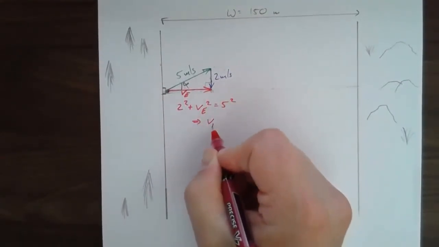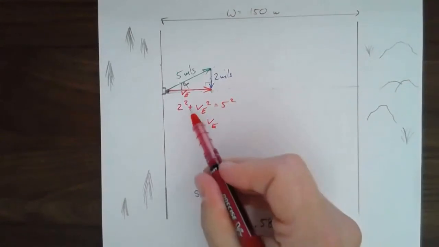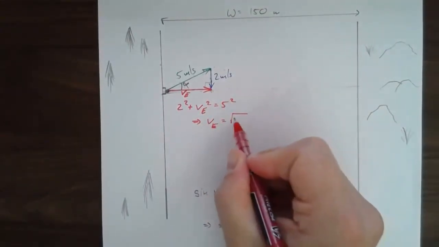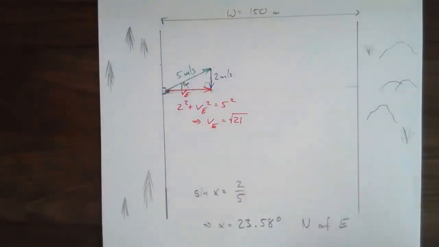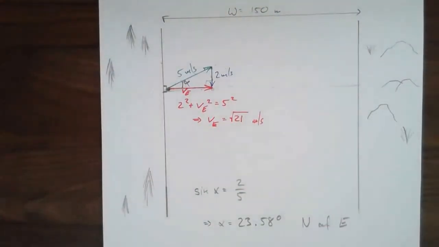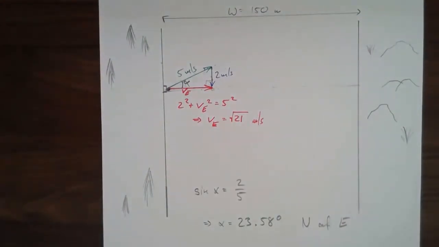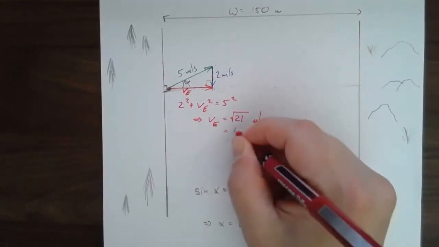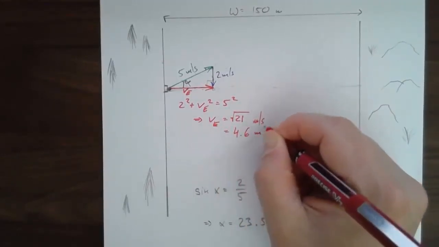And so I get that VE squared is 25 minus 4, this must be 21. VE is going to be the square root of 21. What does that come to? Let me think. Something around 4.6 meters per second.